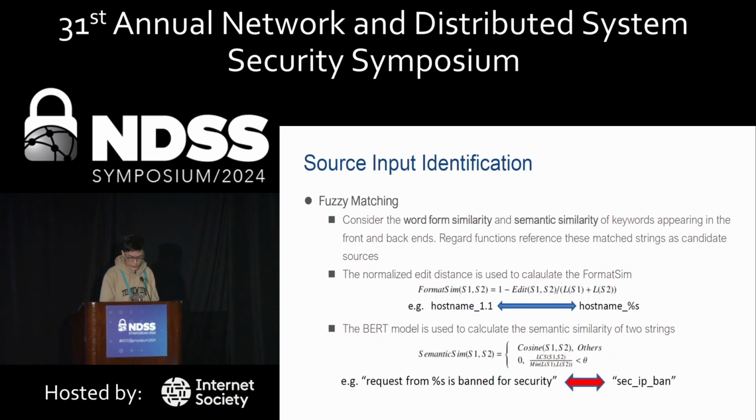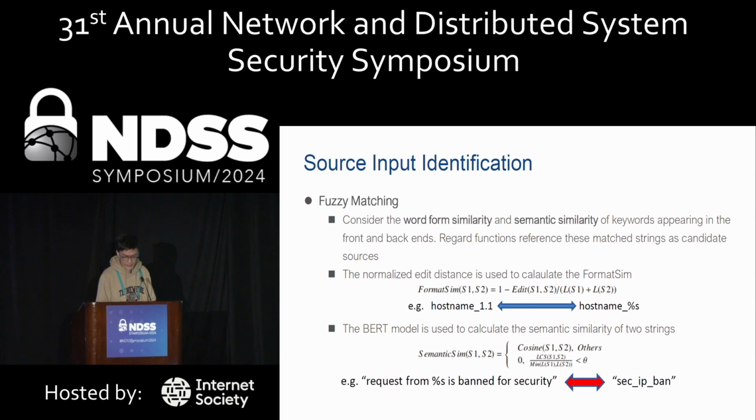And in source input identification, HermeScan first proposes a fuzzy matching strategy to discover more candidate source points. Our fuzzy matching strategy takes into account both word form similarity and semantic similarity. To measure word form similarity, the normalized edit distance is used.